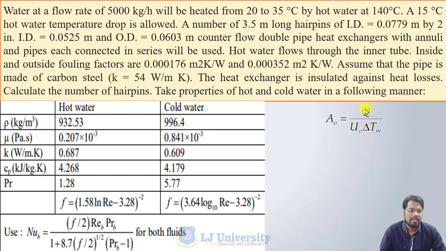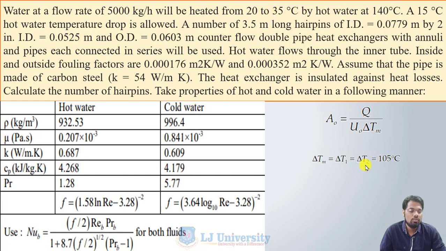Now from our standard equation Q equals UAΔT, we can find the area, but for that we need the temperature difference ΔT. This is a counterflow configuration, so ΔT1 would be Th1 minus Tc2. Here Th1 is 140 and Tc2 is 35.